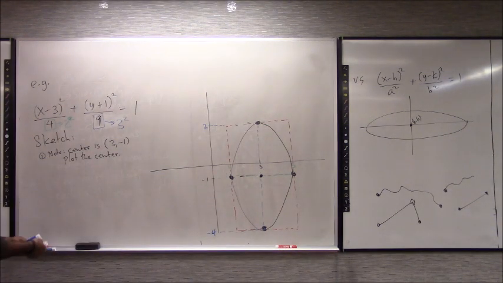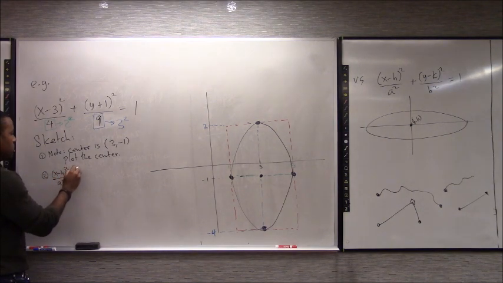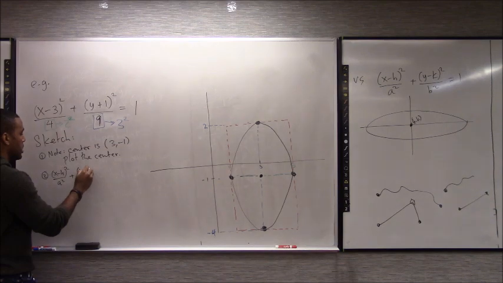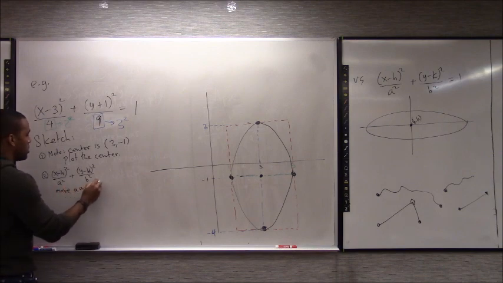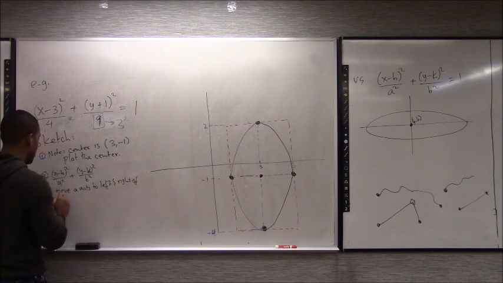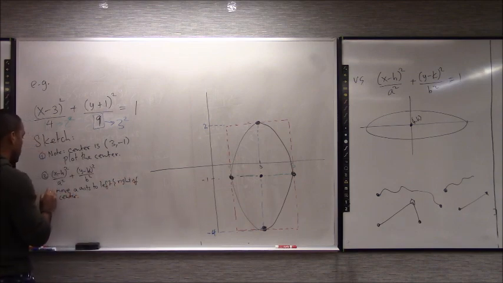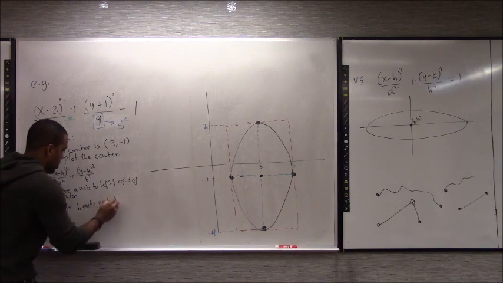So you first plot the center. Second, for x minus h squared over a squared plus y minus k squared over b squared, I'm just putting in random numbers here, move a units to left and right of center, move b units up and down from center.